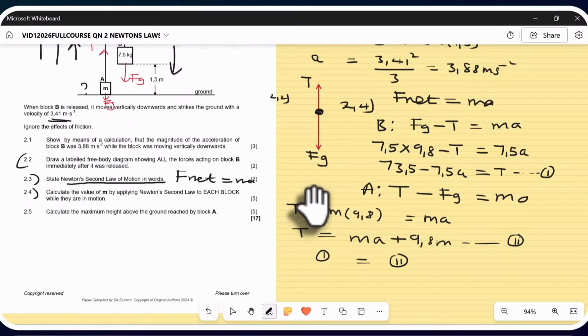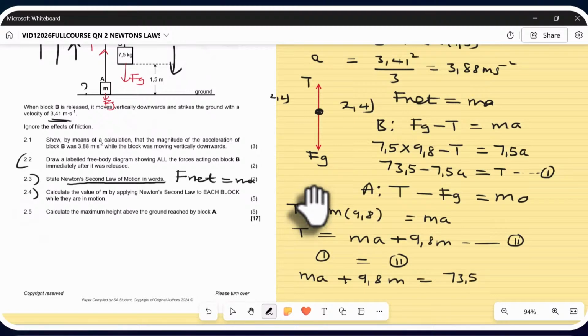Now I'm looking for m, but I know a, which is 3,88, so when I put it here, it makes things simple.